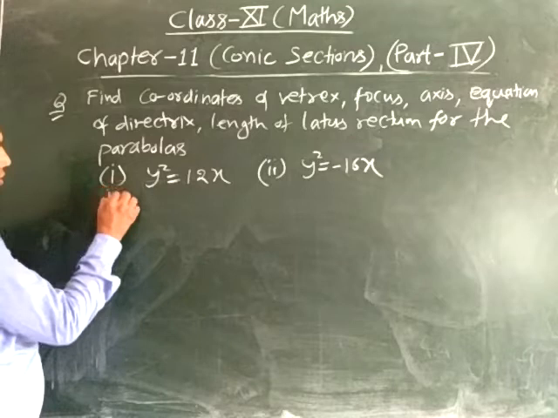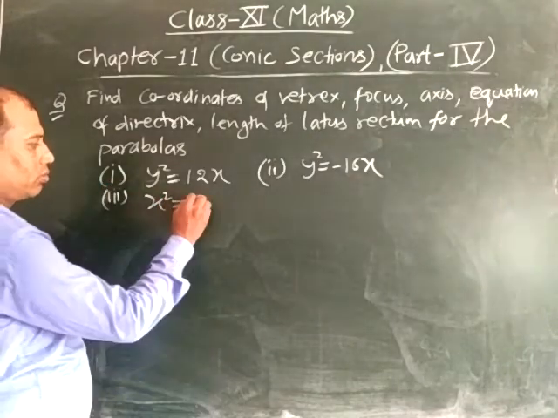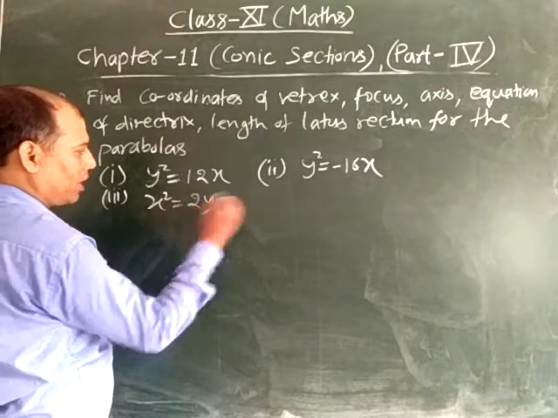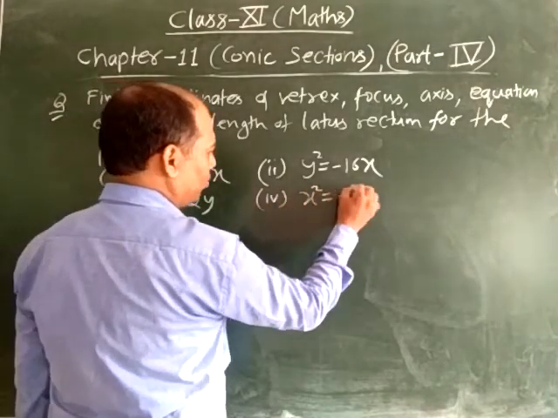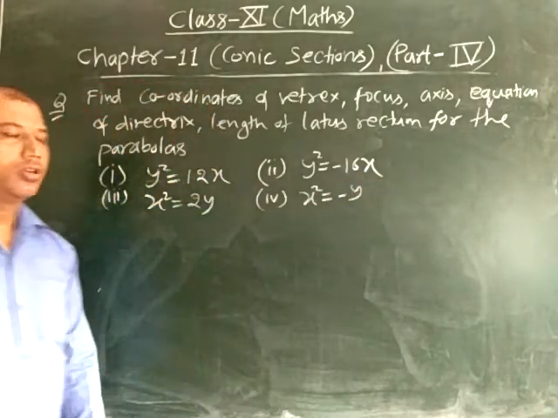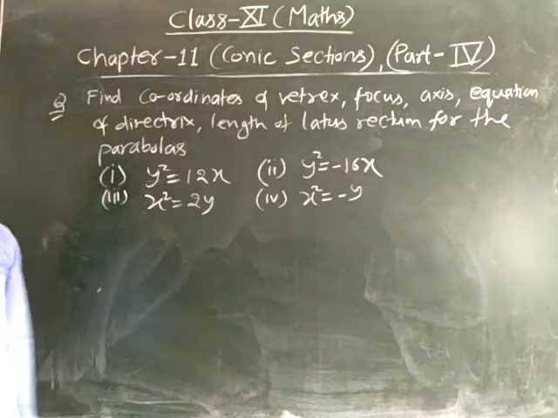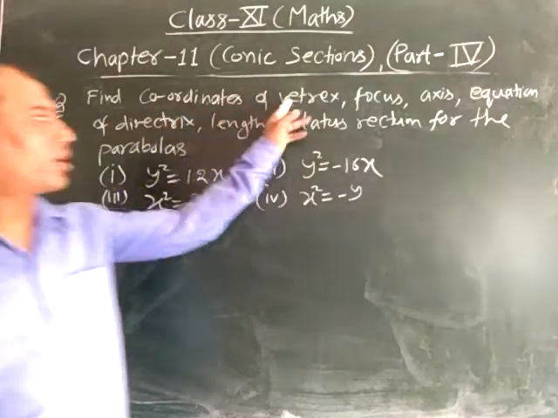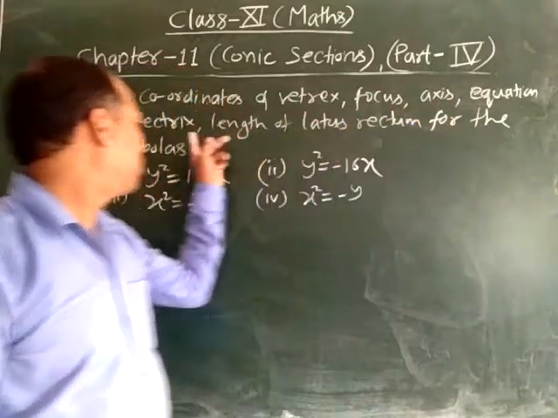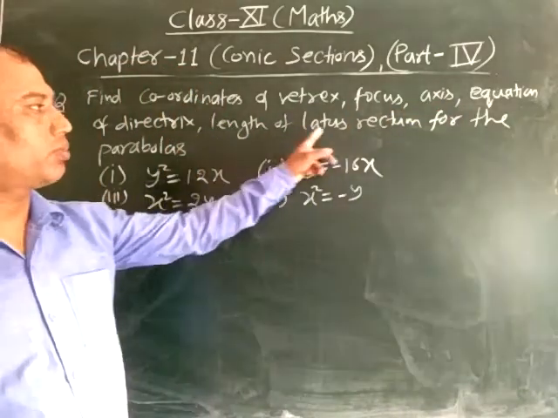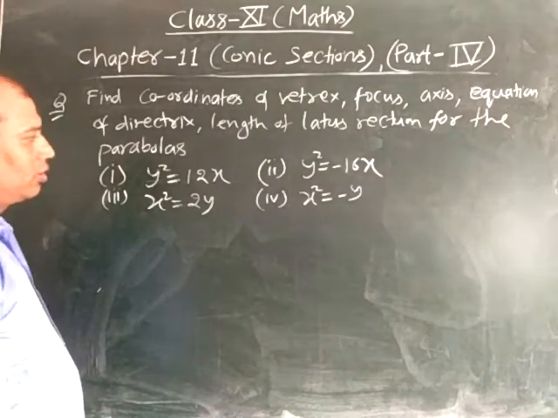Third one is x square is equal to 2y, and fourth one is x square is equal to minus y. So these are four parabolas. We have to find out the coordinates of the vertex and focus, axis, equation of directrix, and length of the latus rectum for all of these four parabolas.